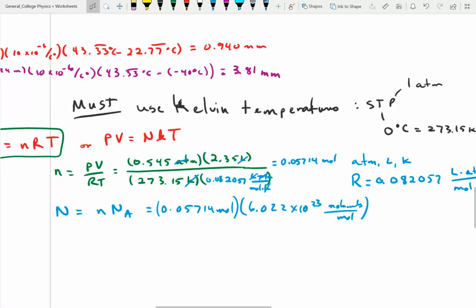And I actually didn't do that calculation. Let me do that calculation real quickly here. And so that's 3.44 times 10 to the 22 molecules.